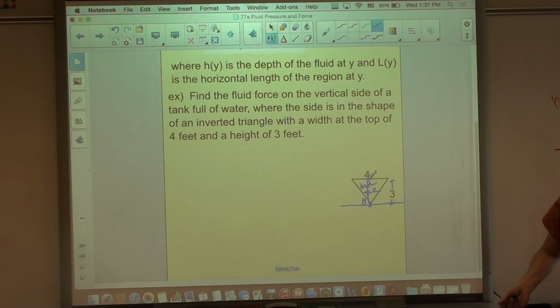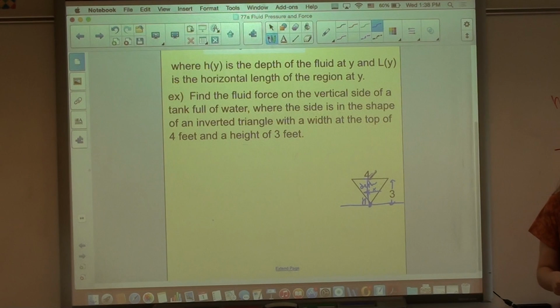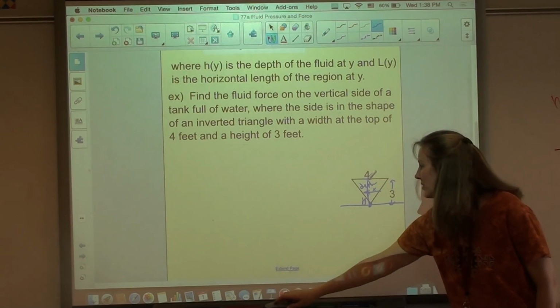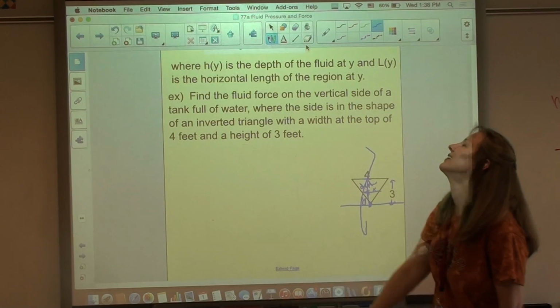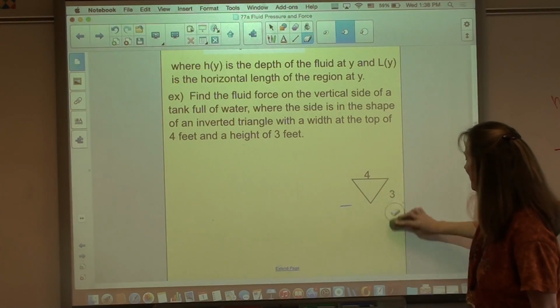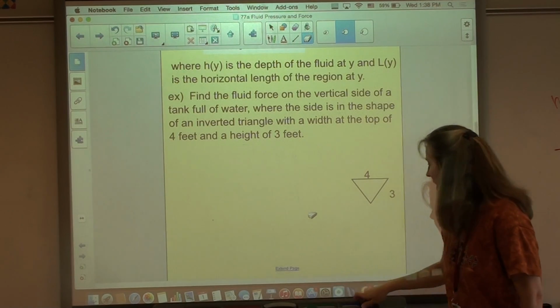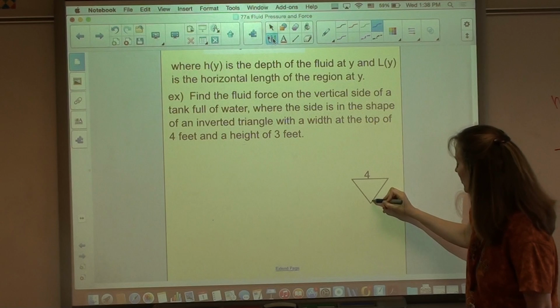All right, so I've got my weight density, I have my depth, now I need the width. Is it 2/3 or 3/2? We'll find out. Okay, so there's 2 ways to find width. For triangles, I had always done it using proportions, right?